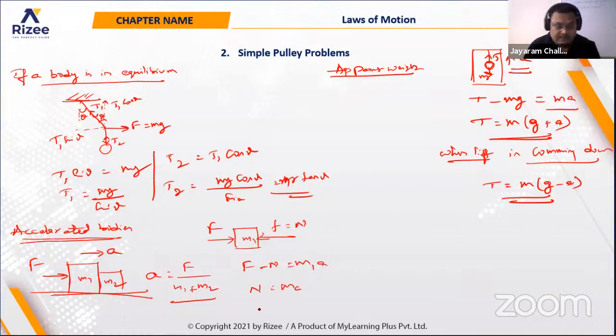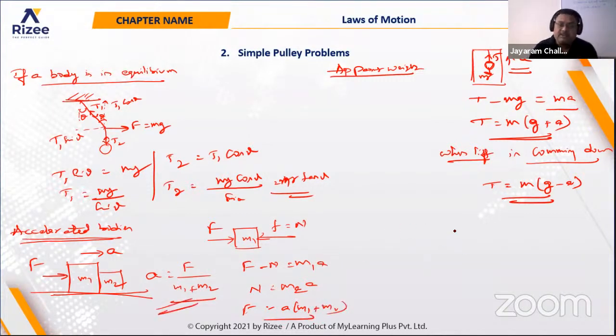So if I put in m2a, the acceleration can be written as a = F/(m1 + m2). This is what I have written over there, the same situation.